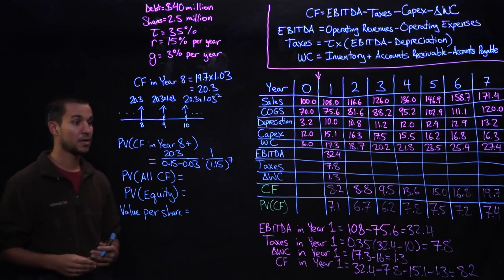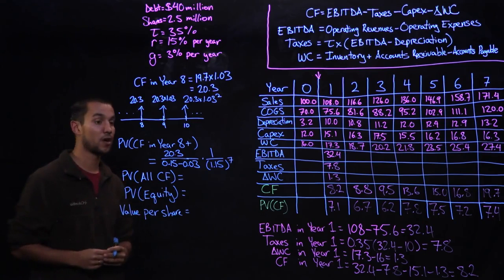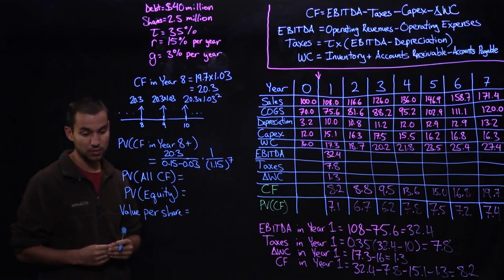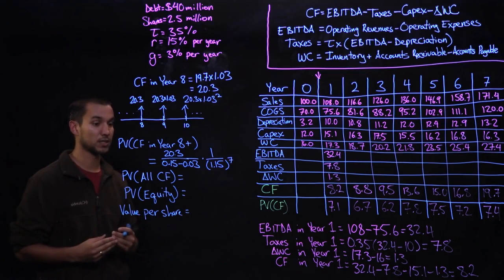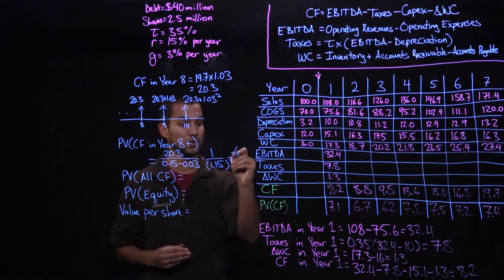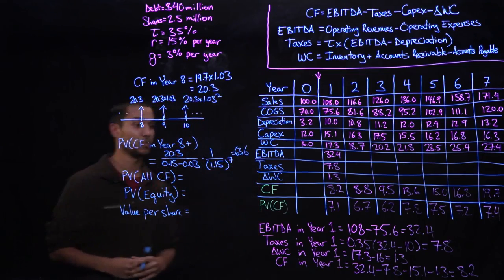And when we do that, we calculate that the present value of all our cash flows in year 8 onwards is going to be equal to $63.6 million.